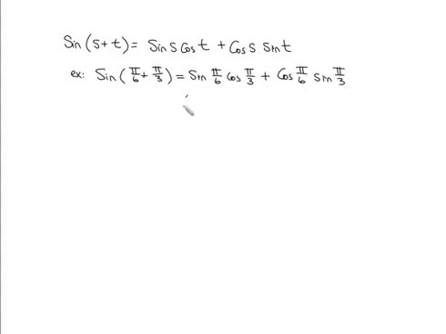These are unit circle values, so we can use our unit circle to evaluate these, and then we'll simplify. Sine of pi over 6 is 1/2. Cosine of pi over 3 is also 1/2. Cosine of pi over 6 is root 3 over 2. Sine of pi over 3 is also root 3 over 2.